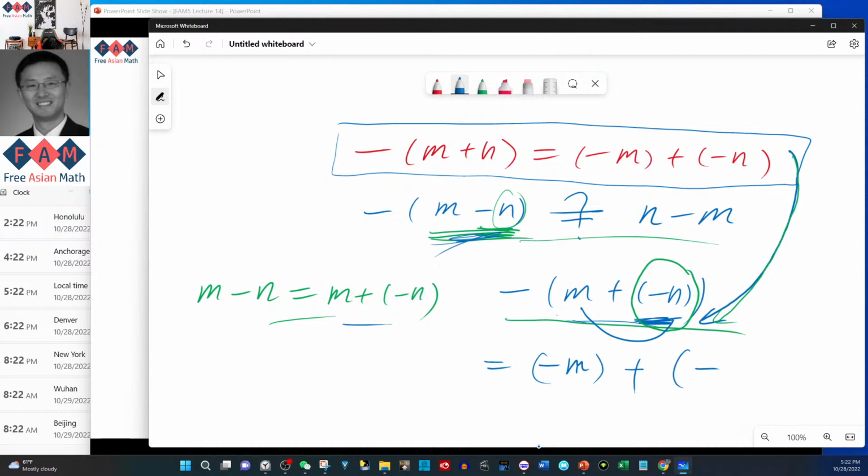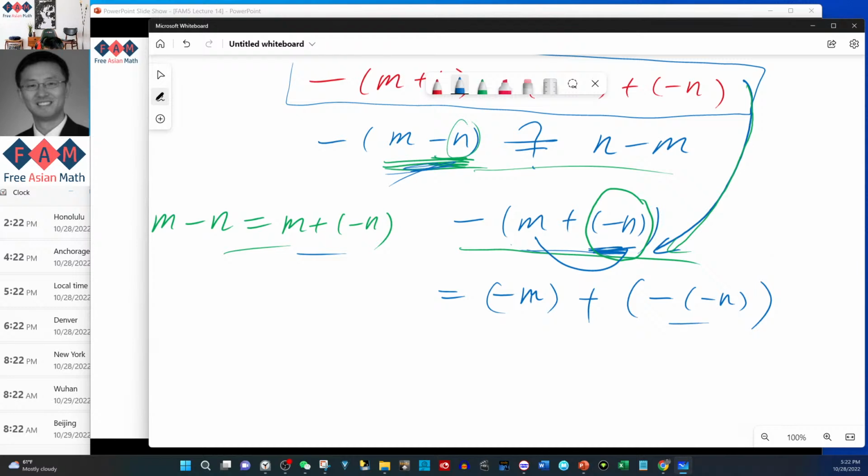Now we have to take the negation of the negative m, not just m. But we know the negation of a negation of a number goes back to itself. So this is just negative m plus n.